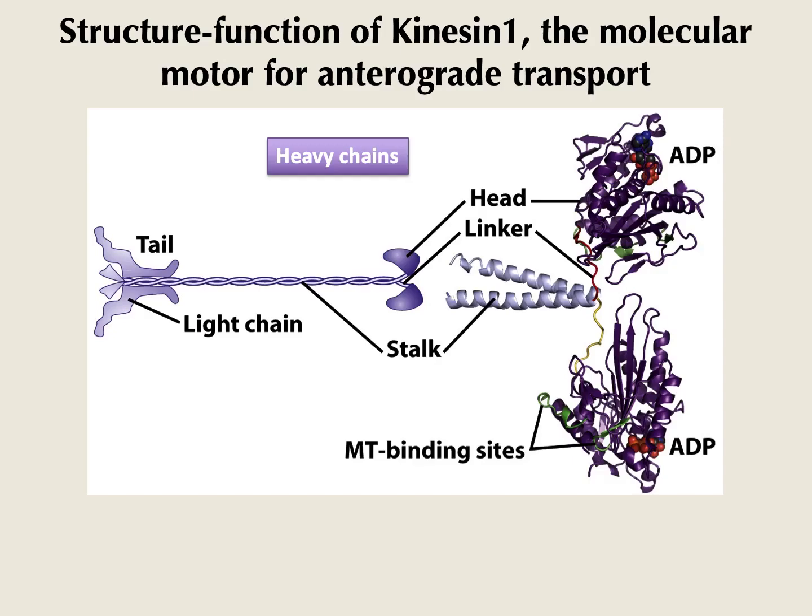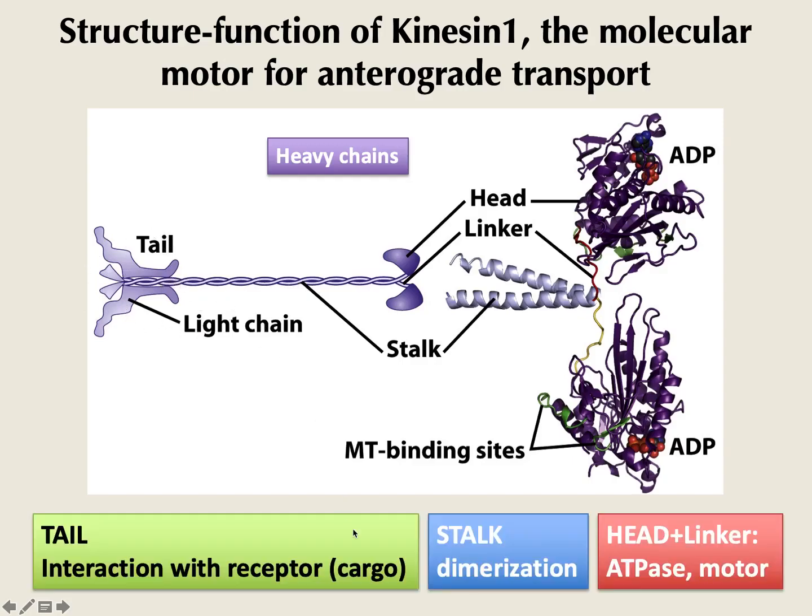That's the part that can walk on microtubules. To have the walking, they have to dimerize. That involves this linker and stalk, and the stalk eventually ends up with this tail, and that's going to bind to a cargo. This is the essential basic organization I need you to get from this, and it's almost identical to myosin in this regard.